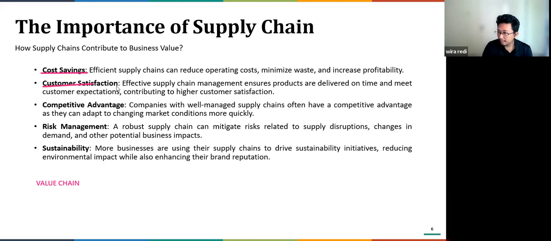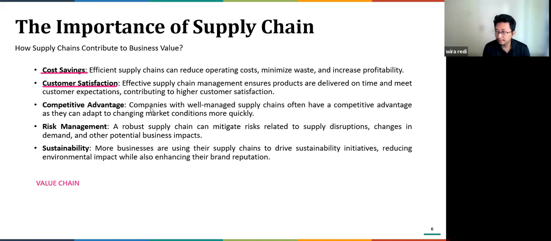Talk about profitability. One of the goals of supply chain management is to have a more satisfied customer.